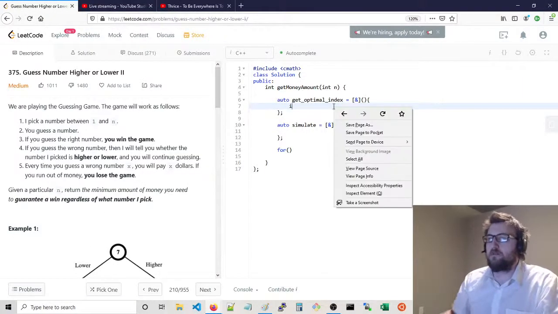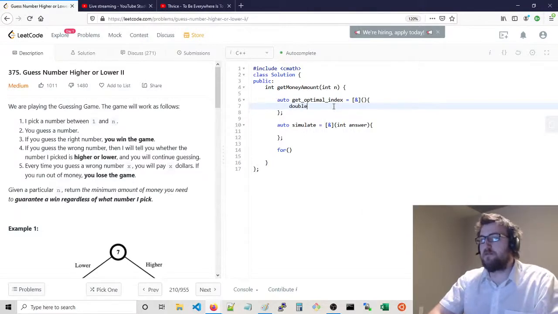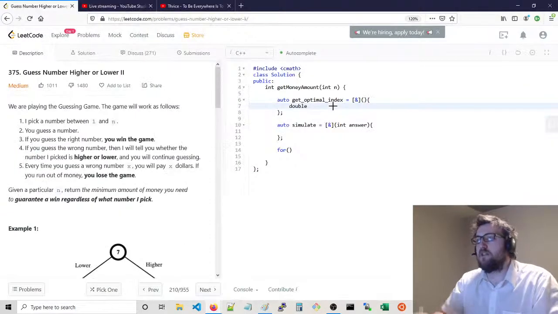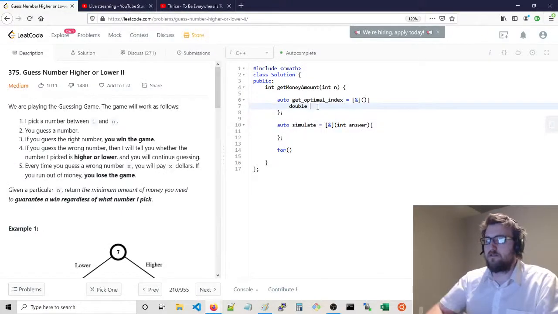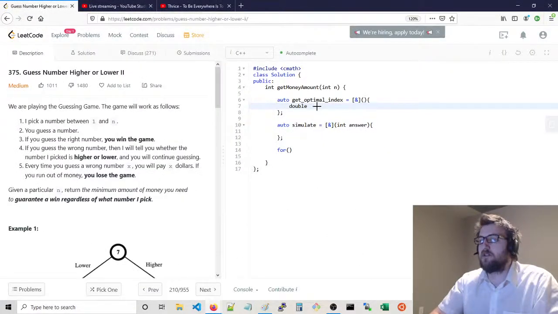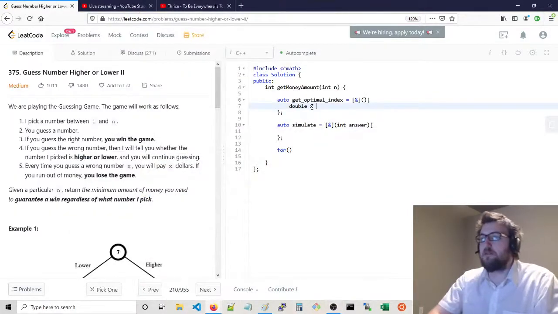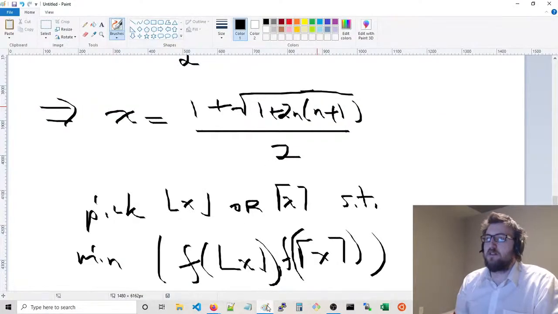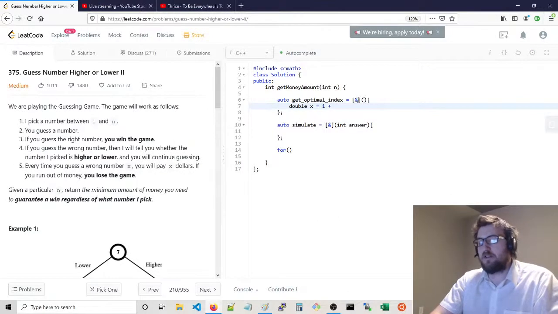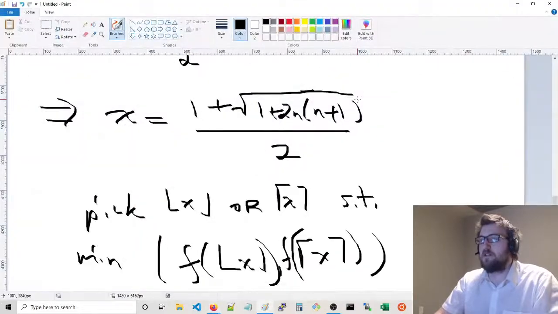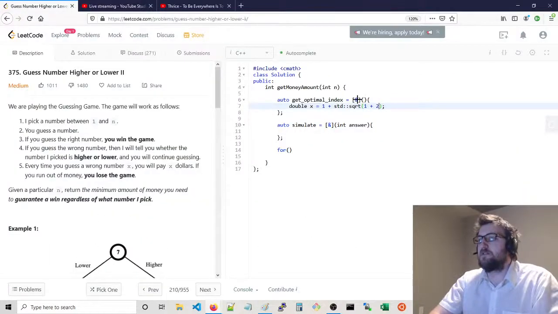So we'll have not an int, but a double. Why does this keep happening? My cursor keeps changing, it's a little weird. But anyway, double x is going to be 1 plus the square root of 1 plus 2 times n times n plus 1.